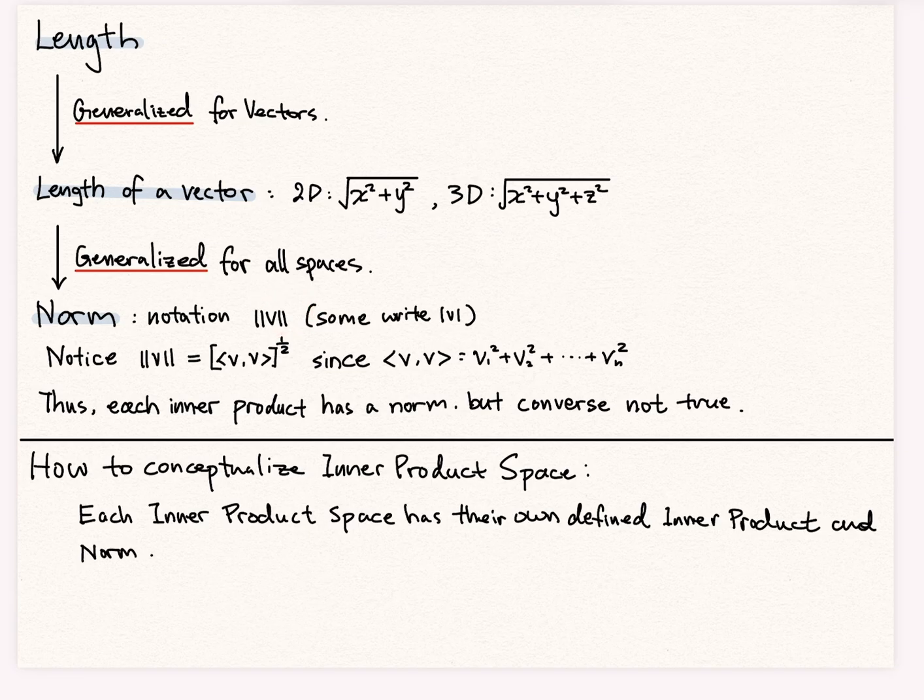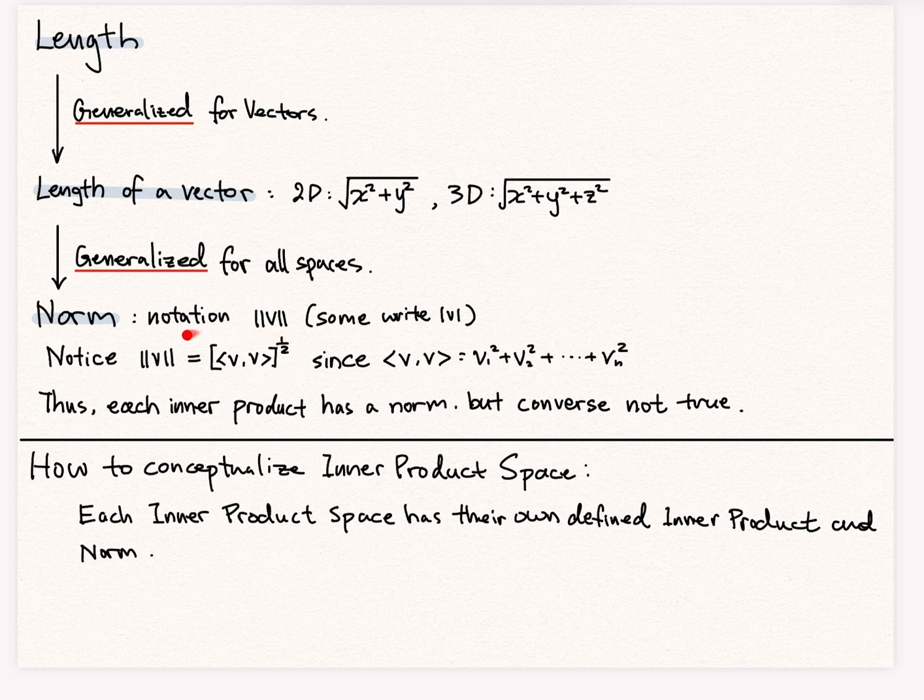Notice that the norm of v is the length of v on this new inner product space. Inner product space, by the way, is a space where an inner product is defined. So the length of v on this new inner product space is the inner product of v with itself, square rooted, or to the power of 1/2. This is the definition of the inner product of v by itself for the dot product.